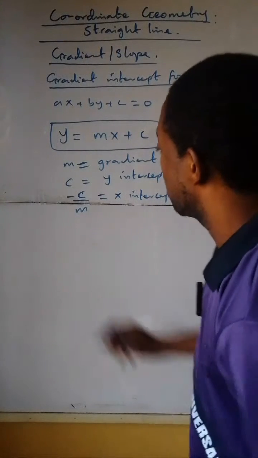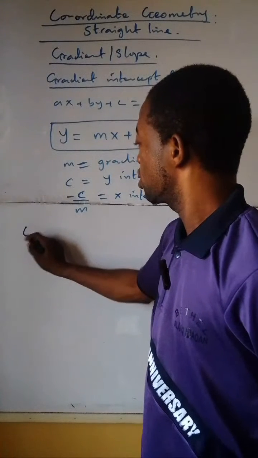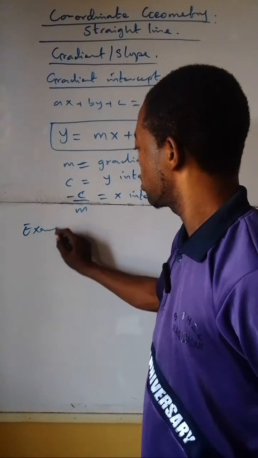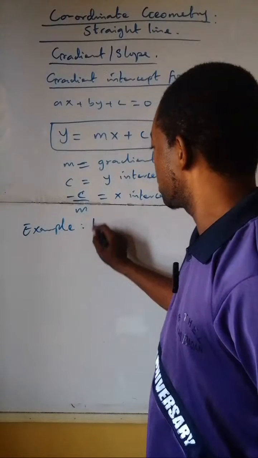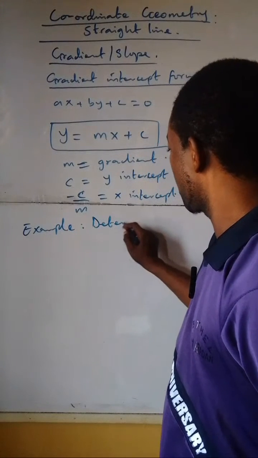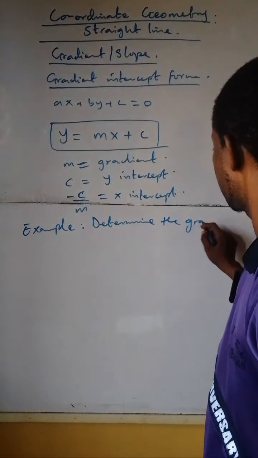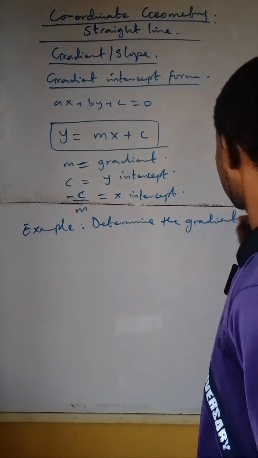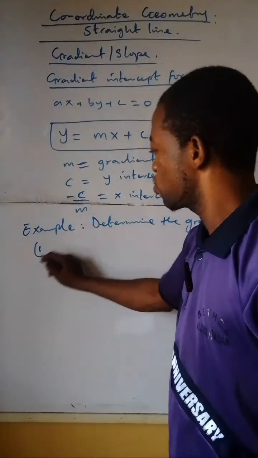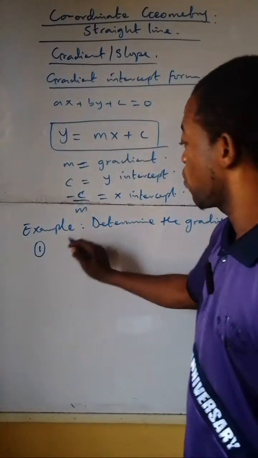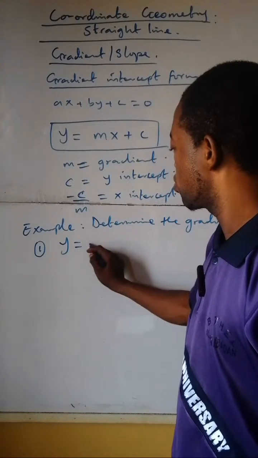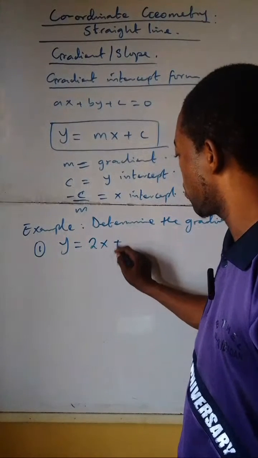Example: determine the gradient of the following. The first one, we have y equals 2x plus 4.